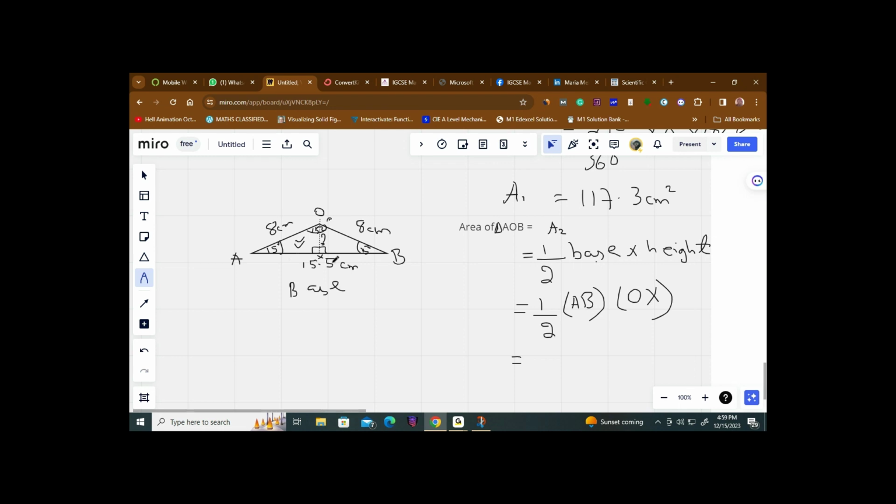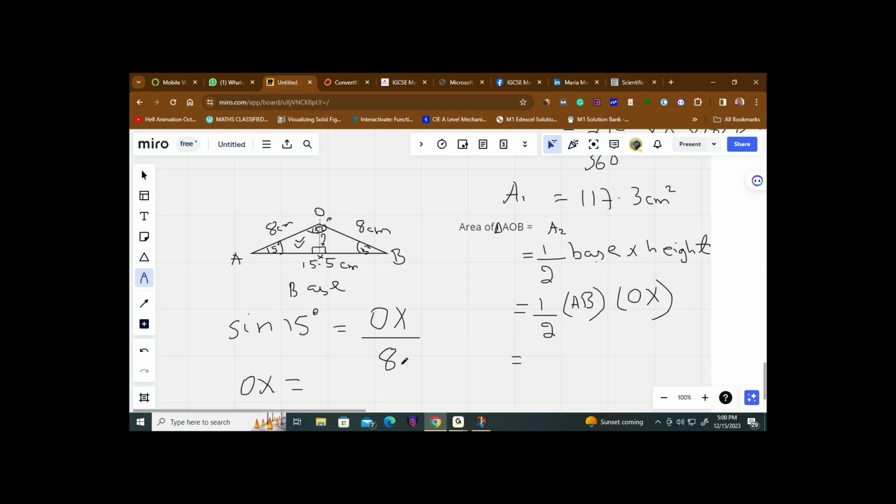You can use your sine ratio formula. With respect to sine 15 degrees, opposite side upon hypotenuse, which is 8. So I can represent my OX as 8 times sine 15, or OA times sine 15.